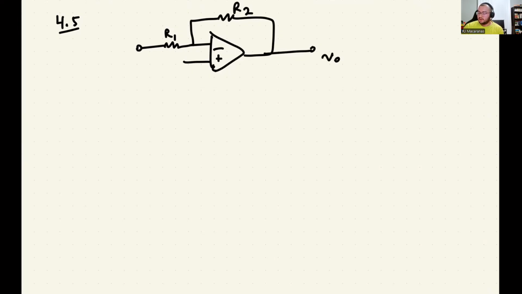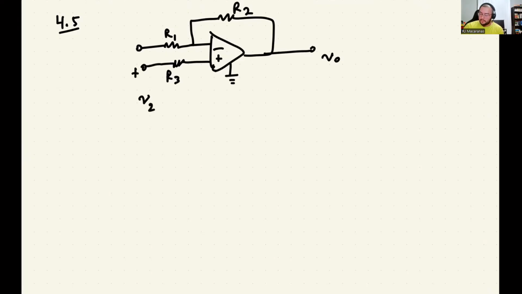I guess they've just drawn in a single supply, so grounding the negative supply there. They've got R3 going into the non-inverting input from, so they've actually got two sources here.